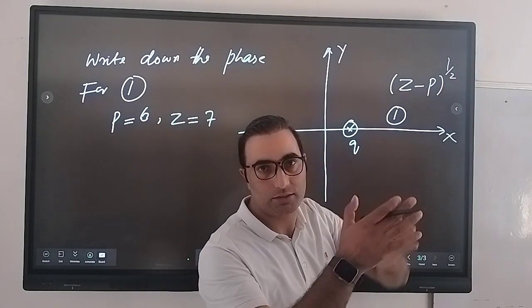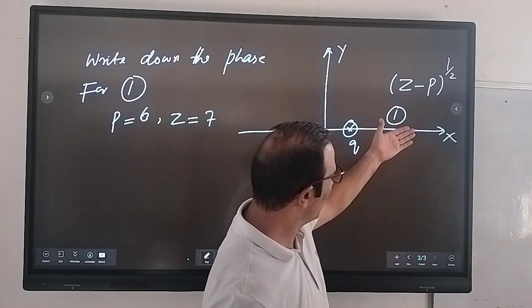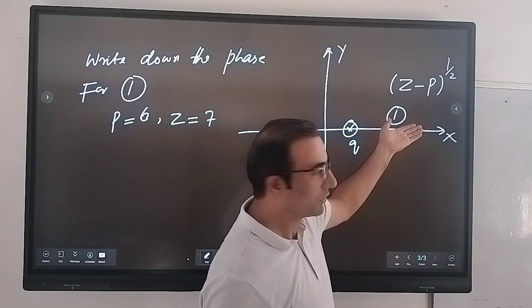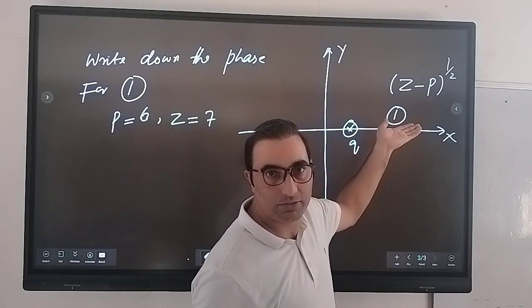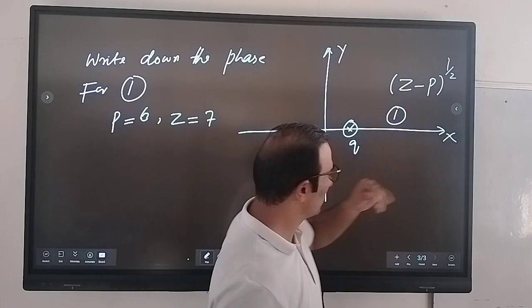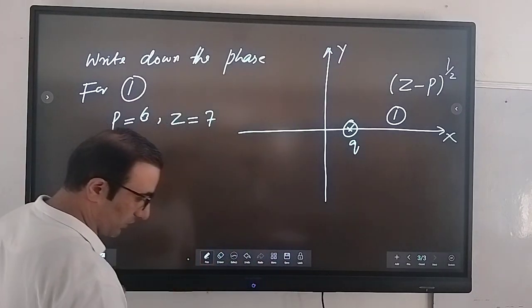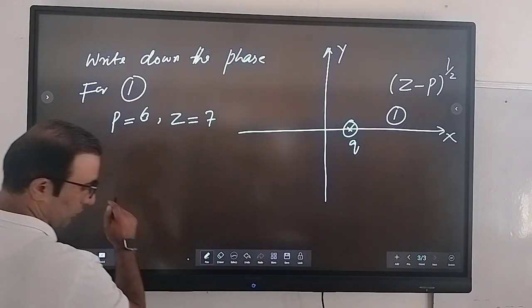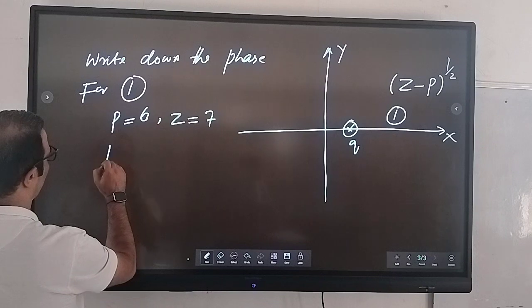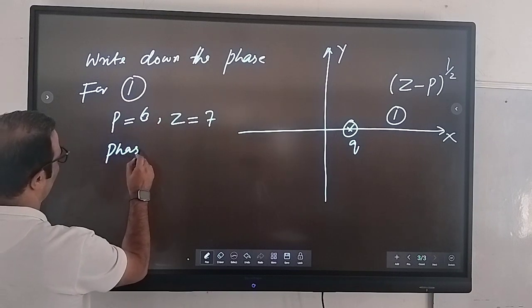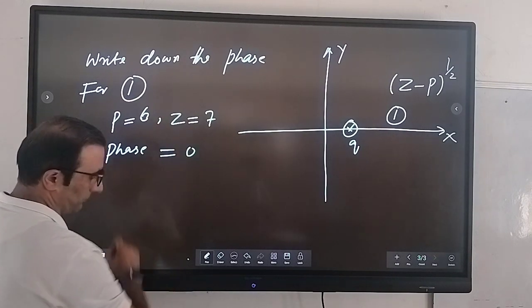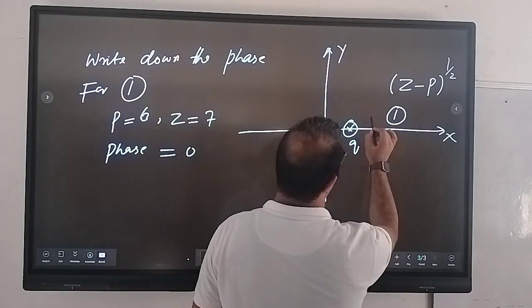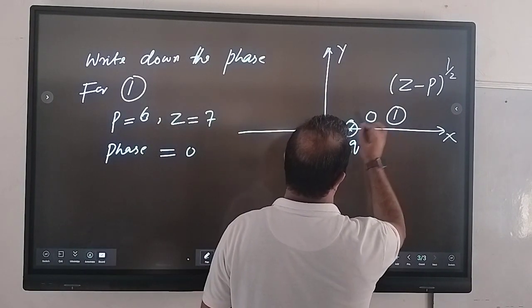Because it is close to the real axis, the phase will be 0 here. So the phase above the real axis will be 0.